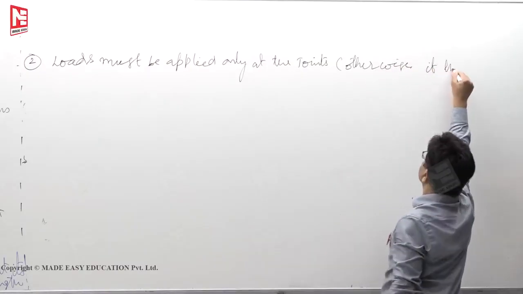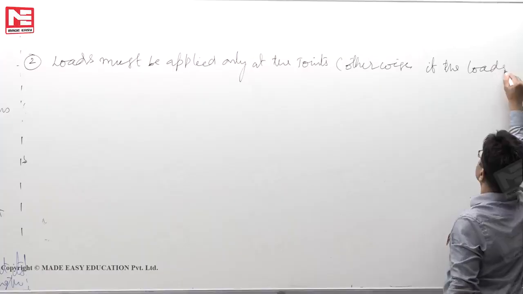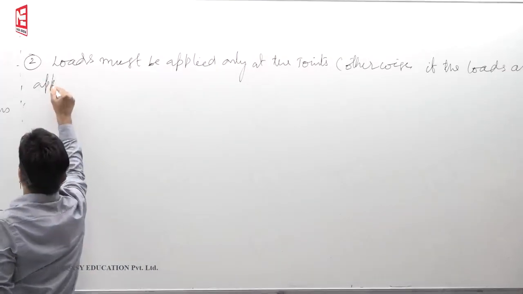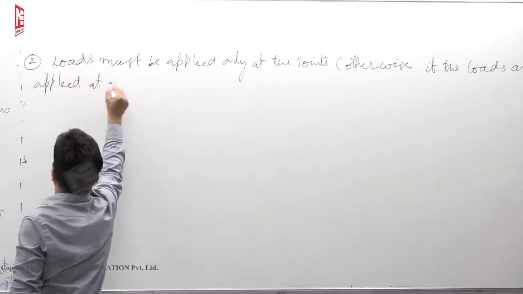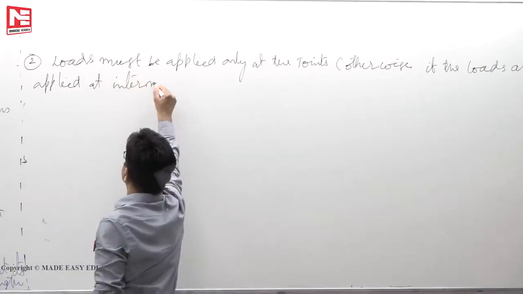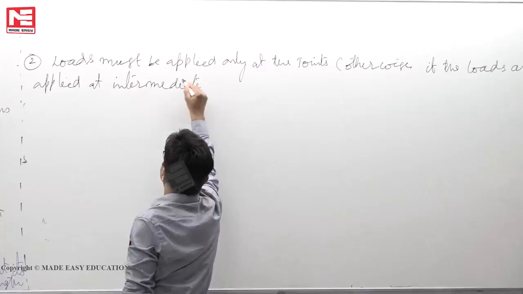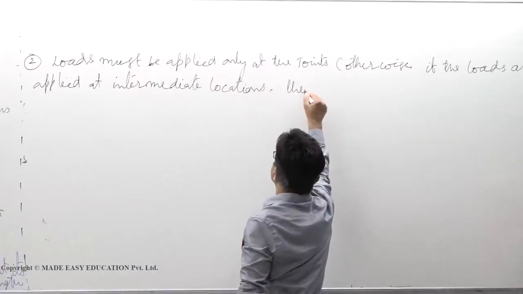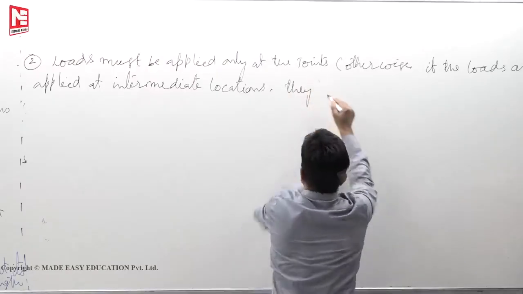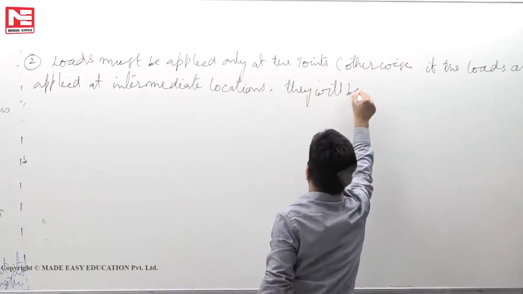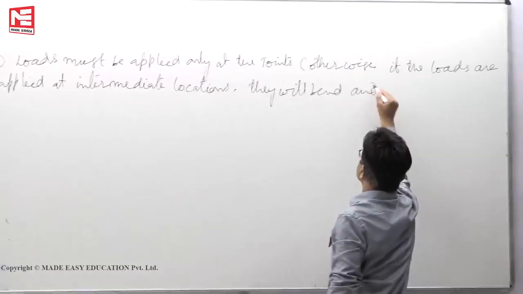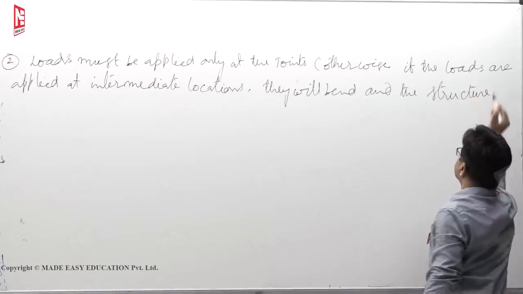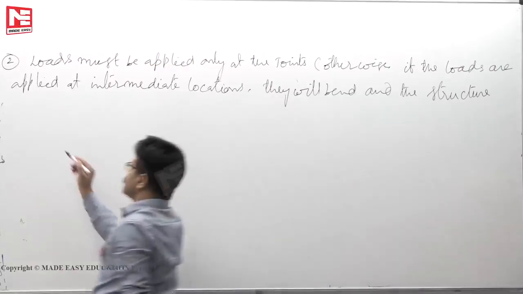Otherwise, if the loads are applied at intermediate locations, they will bend. And the structure cannot be called as a truss.